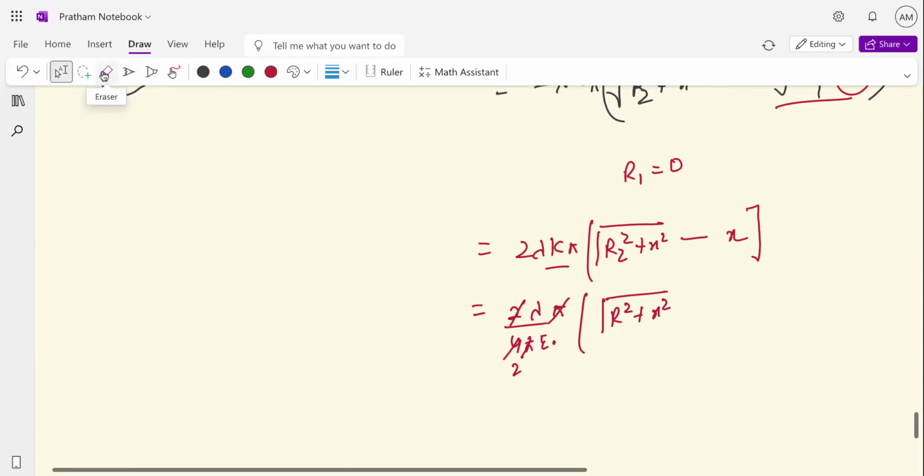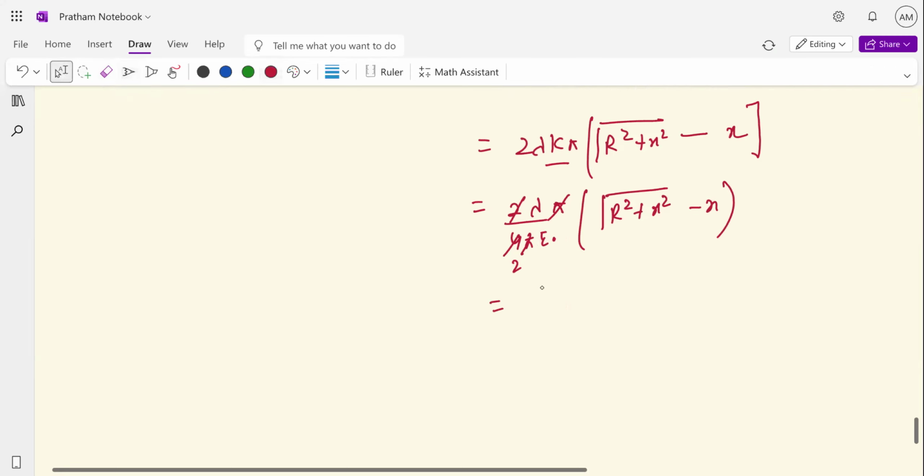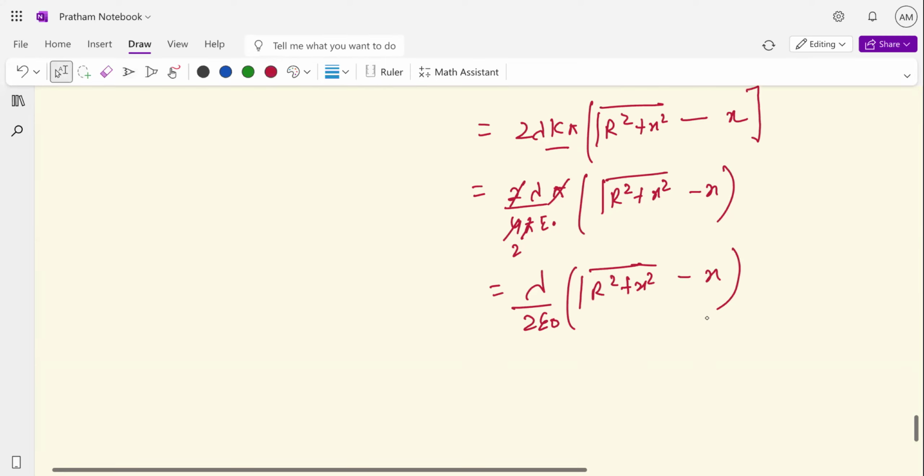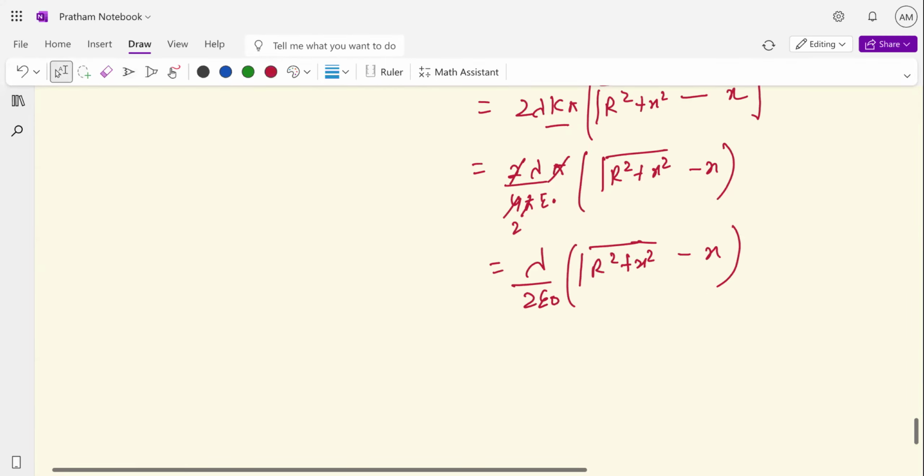This capital R you can call main R because this is the final radius, right? So minus x, lambda by 2 epsilon naught under root r square plus x square minus x. Clear? So this is what the main equation looks like, and you can put the mod also if you want. If you don't want, okay.